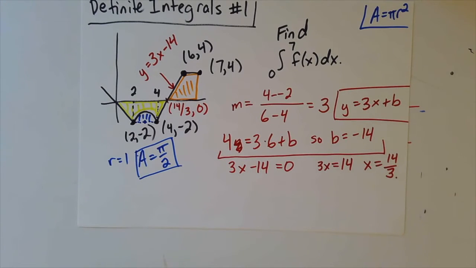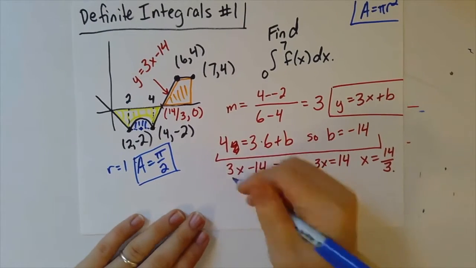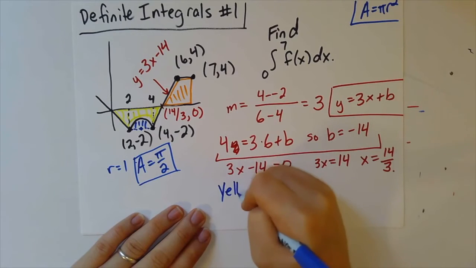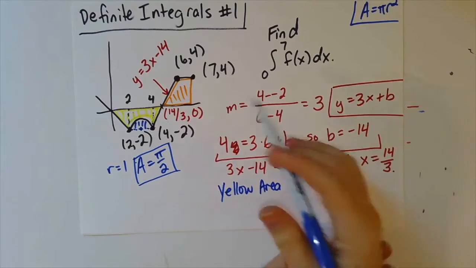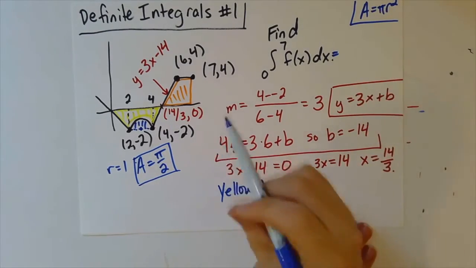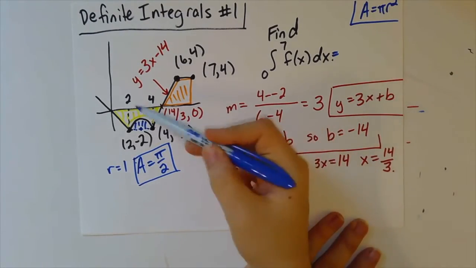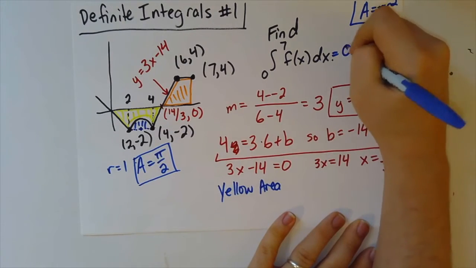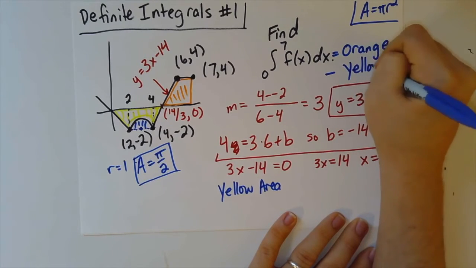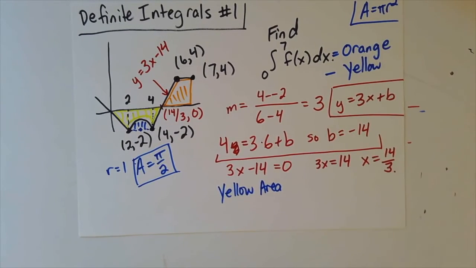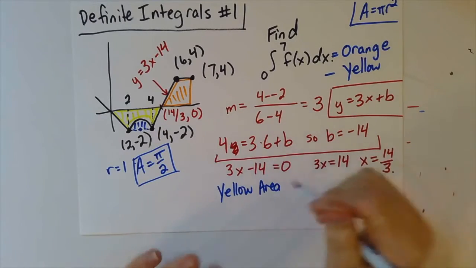Okay, so let's figure out what each of those areas is. Let's start with the yellow. And I should note before we go on, the integral, the answer I'm looking for, is going to be the orange area minus the yellow area. So I just need to find these two and then combine them in the right way.